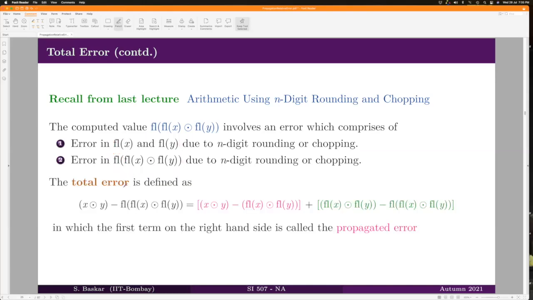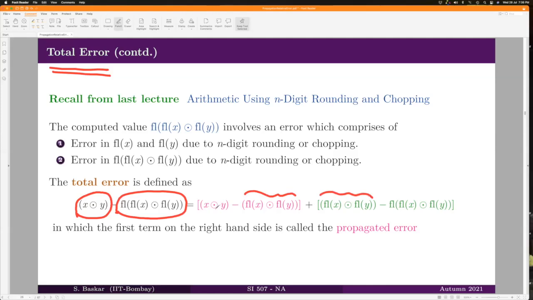Now, the total error that we would like to define here is the sum of the errors in these two levels. More precisely, look at this. Here, we want to get this value, but our computer gave us this value. What is the error between these two values? Well, mathematically, what you do is you add and subtract this intermediate step.